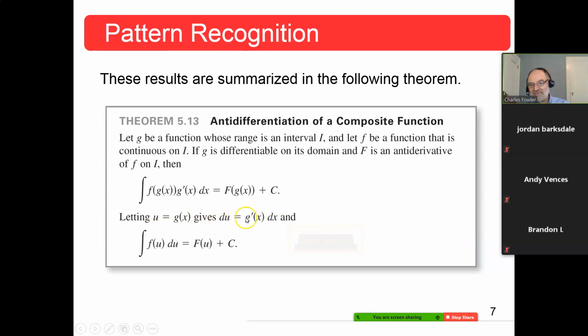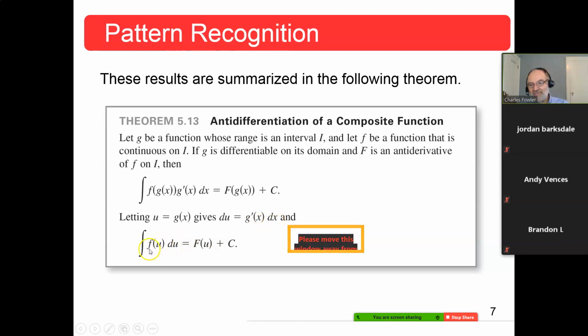Anytime you have a d on this side, you better have a d on that side. This is written in differential form. You could have said du dx is equal to g prime of x, but we want it in differential form, so du is equal to g prime of x dx.